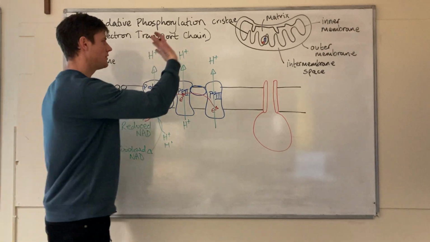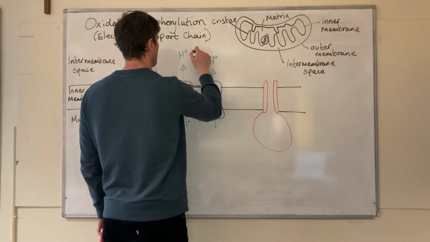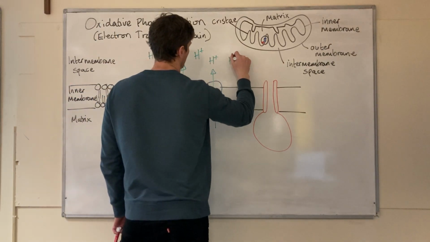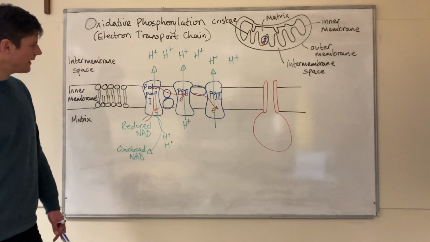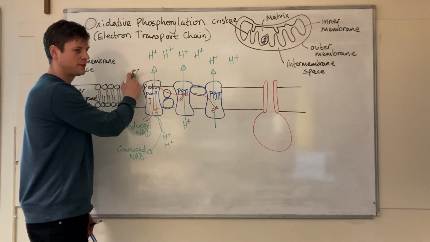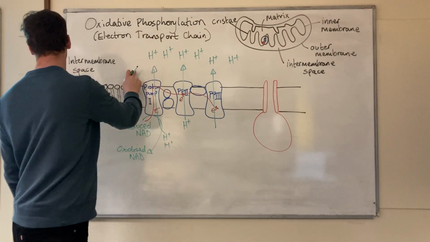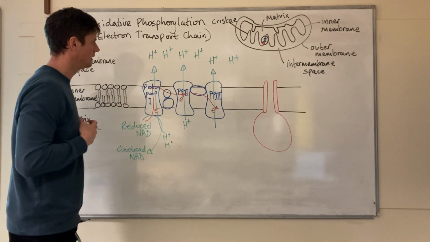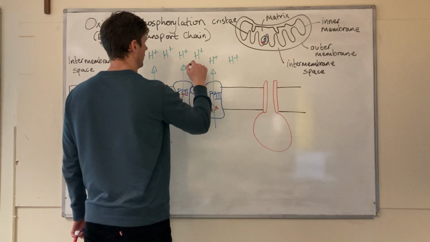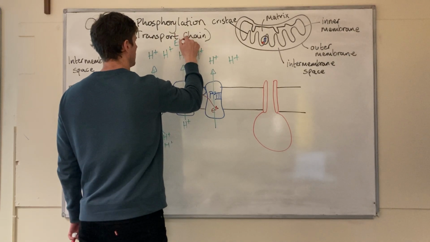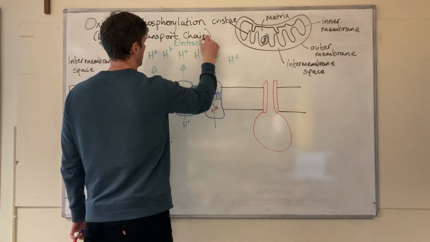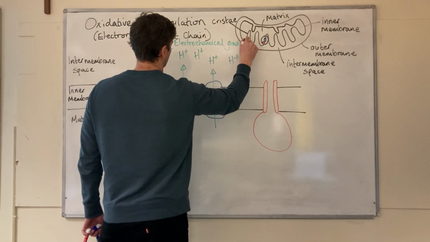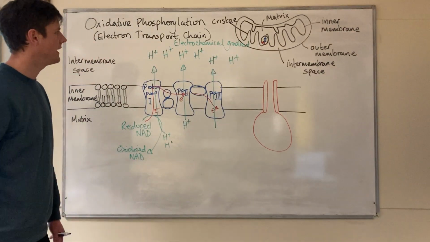Now this continues until we get this really large accumulation of protons in the intermembrane space. Now this may be referred to as an electrochemical gradient.